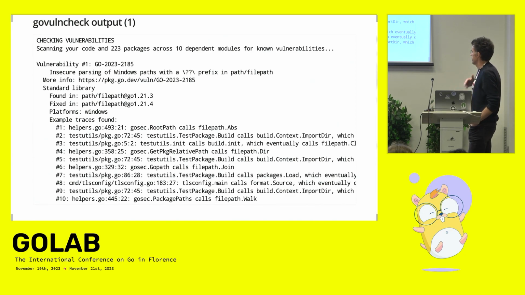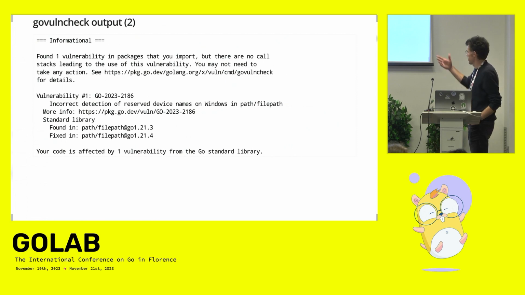This kind of reassures us that our code is really vulnerable, so it's not a false positive, and we really need to update. Also, it returns more information related to this vulnerability and some sort of severity.